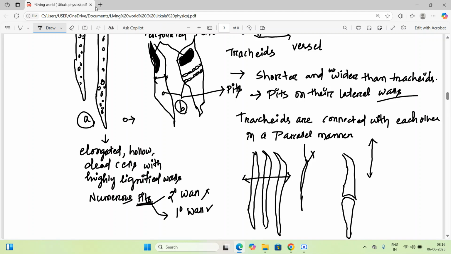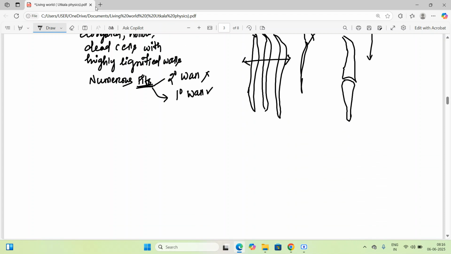So this is the anatomy of the xylem. It is composed of two components: one is the tracheid and another is the vessel. We have studied this. Then we'll go to the mechanism of ascent of sap.